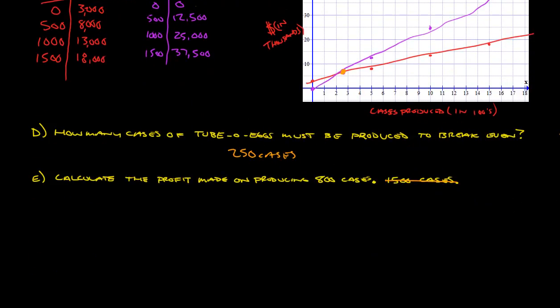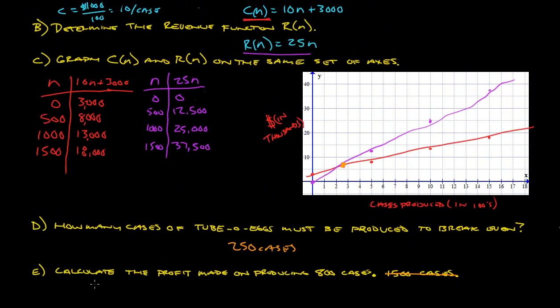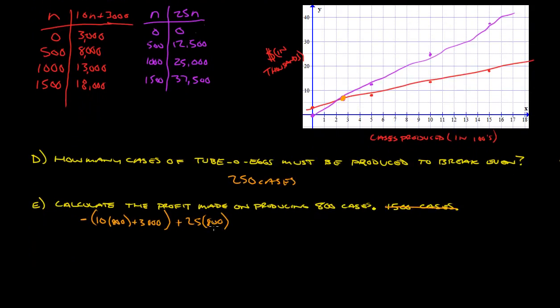So we can simply do, let's go back up here so we can see our functions. There they are. Our cost is going to be 10 times 800 plus 3,000, and this is all counting against us, so that's going to be negative, and then we're going to add 25 times our 800, because that's how much we're taking in.